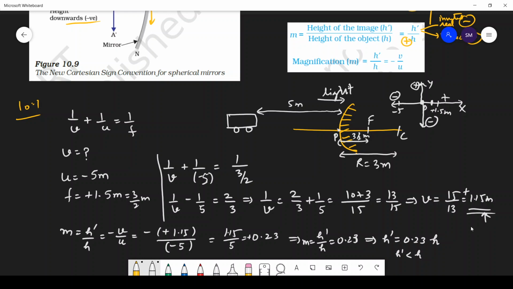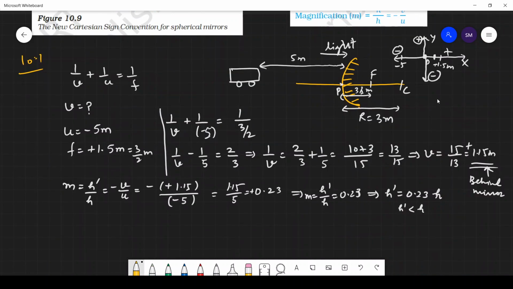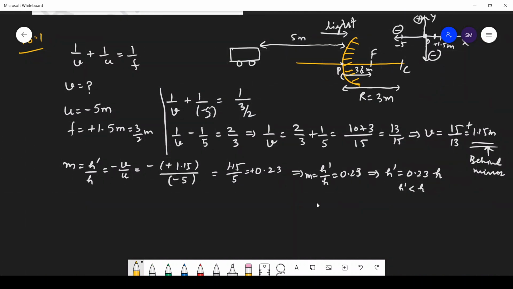So from here we came to know that this is behind. Positive means behind the mirror. So behind the mirror means what? The image is virtual, image is erect and diminished.